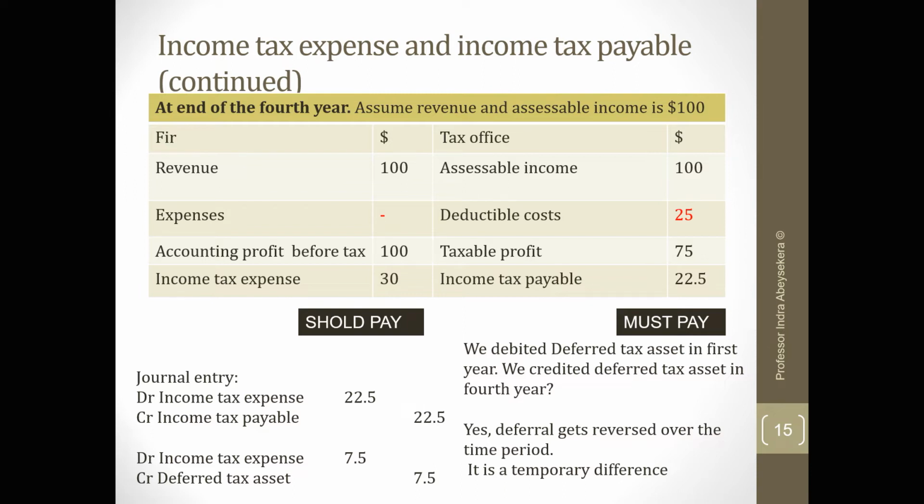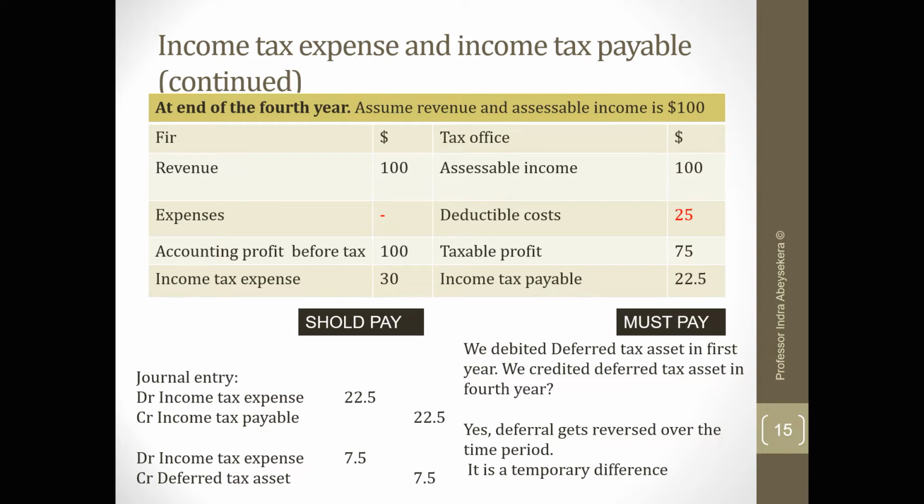What must be paid, we record. And then we realize, well, income tax expense should be 30. So we increase the income tax expense, debit income tax expense 7.5, and we decrease the deferred tax asset 7.5. So you can see in the first year we created a deferred tax asset.